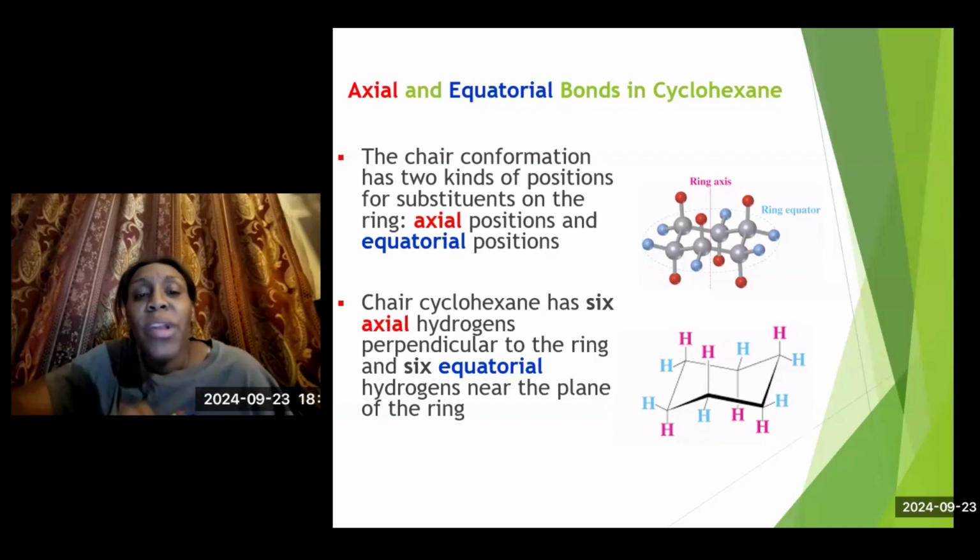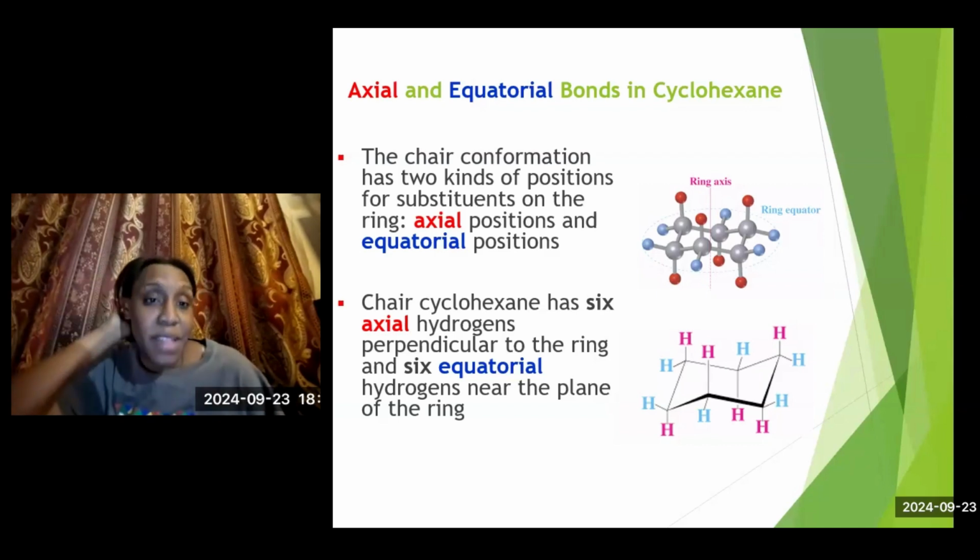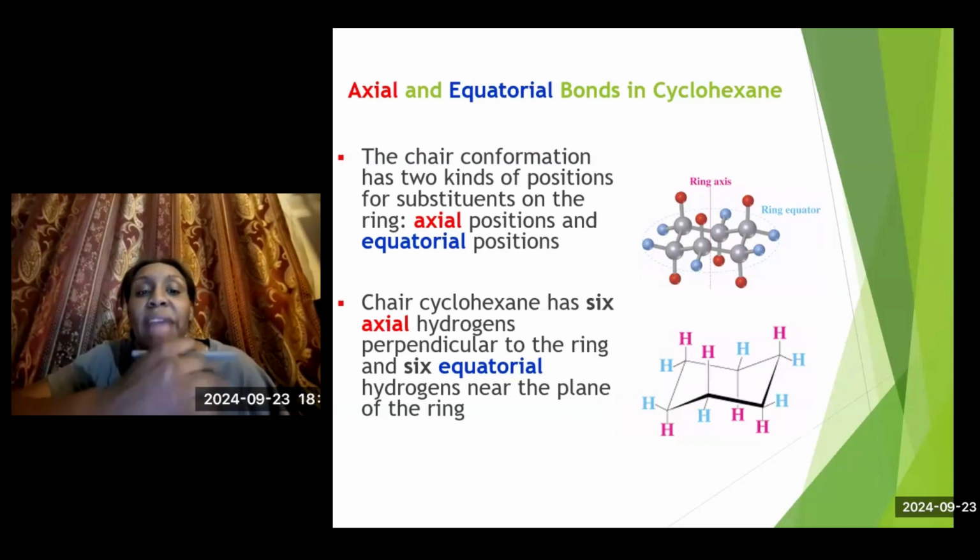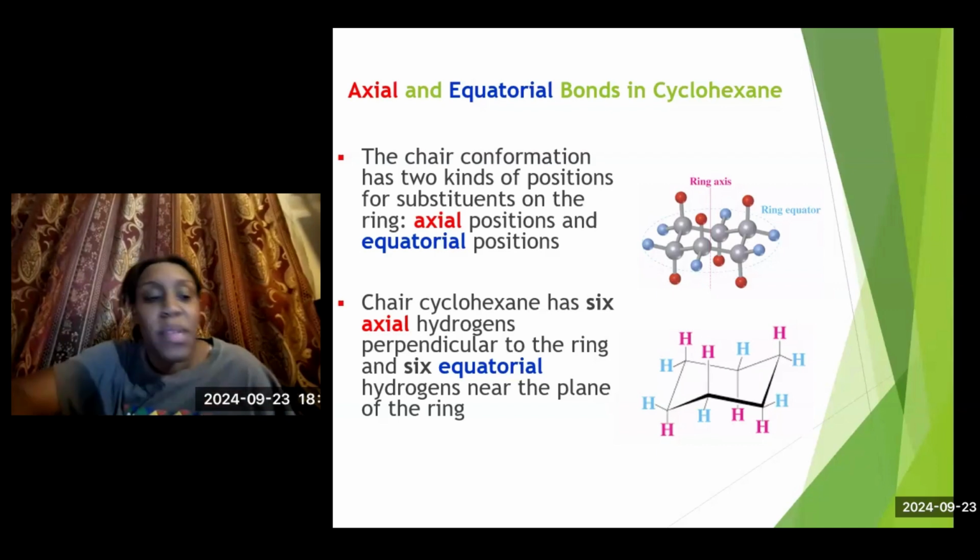So when we're looking at the chair conformation, which we see drawn here, it has two different types of positions for substituents on the ring. You have the axial positions and the equatorial positions.